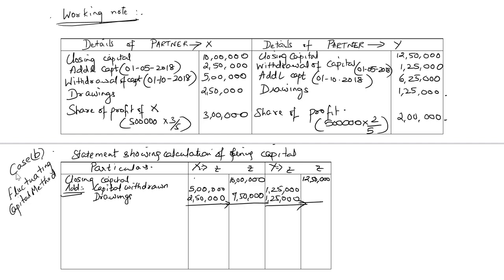And in the case of Y, the total of the adds is rupees 2 lakh 50,000. On adding this amount with the closing capital, we get 17 lakh 50,000 for X and rupees 15 lakh for Y.